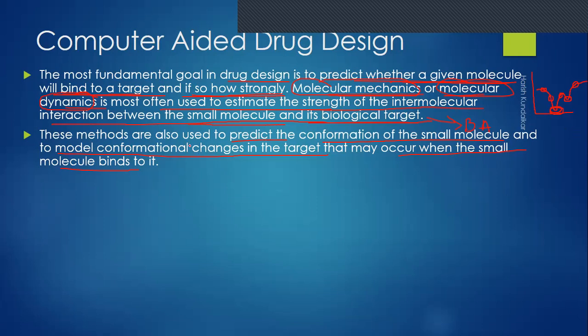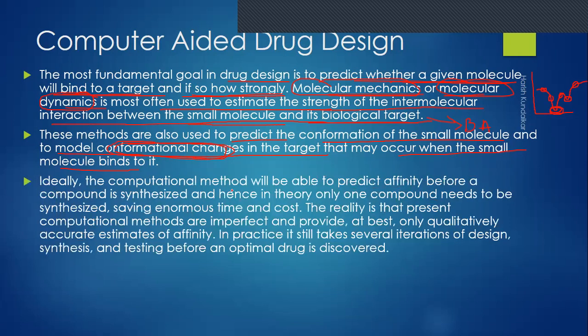Okay, so that is also one of the important aims of conformational changes and conformational dynamics. Study of the conformers which are going to bind to the receptor is also one important aim of computer-aided drug design. Ideally, the computational method will be able to predict the affinity before a compound is synthesized.